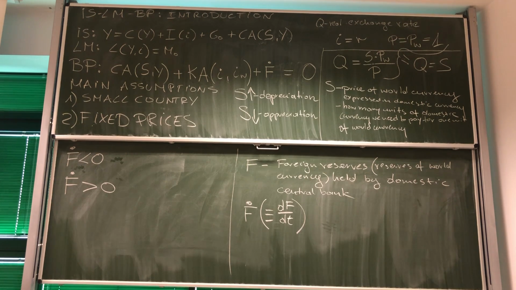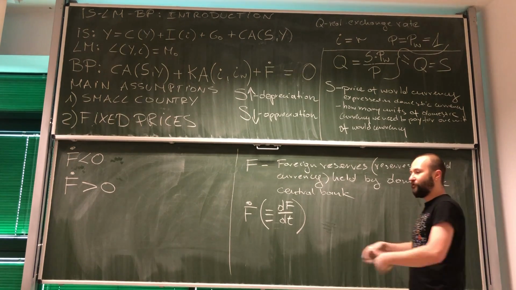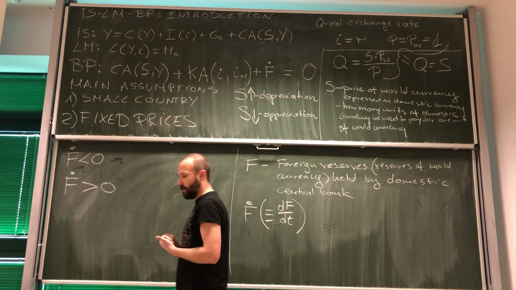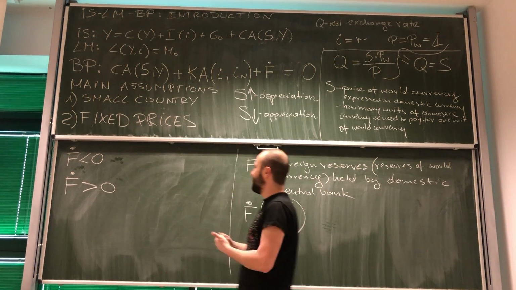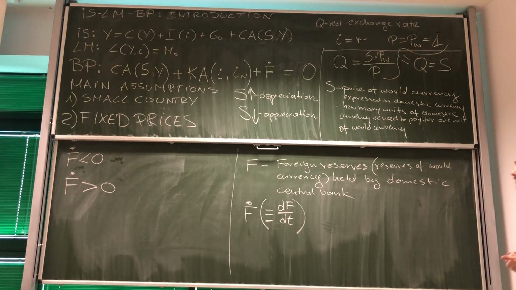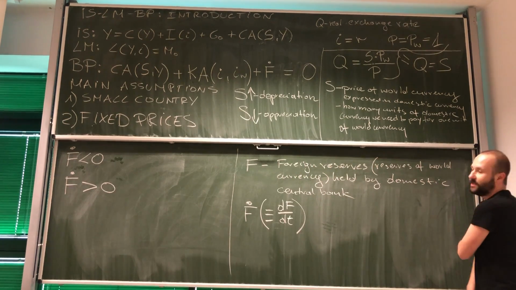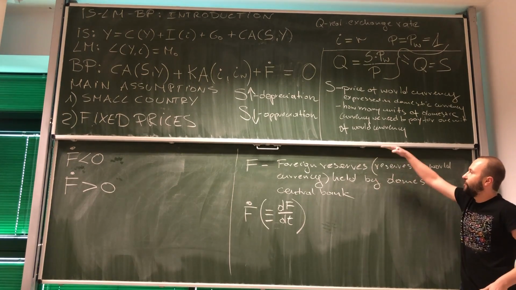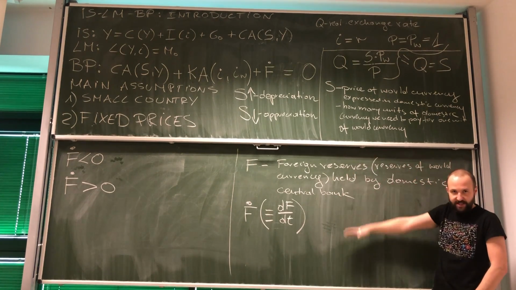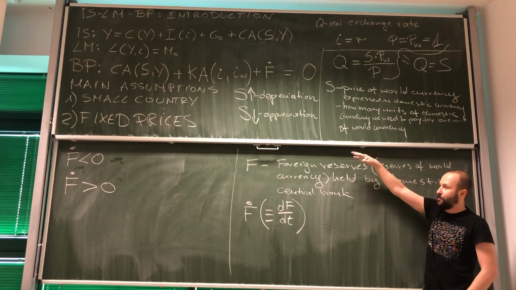So what is happening as a result? Look, as a result, here the amount of our money on the market is increasing, right? So the value of our money is going down, but the foreign reserves of the central bank are going up.